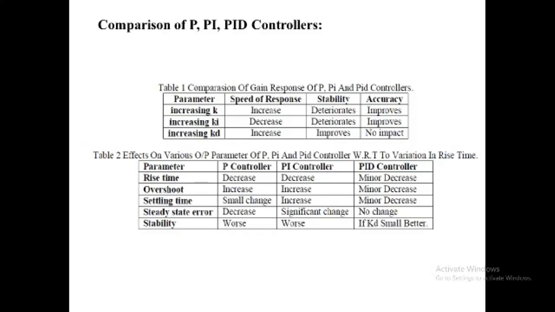In the PID controller, there is a minor decrease or no change shown in various parameters, which can be seen from table 1 and table 2, and hence there is no change in steady state error. So the PID controller is better than P and PI controller. Thank you.